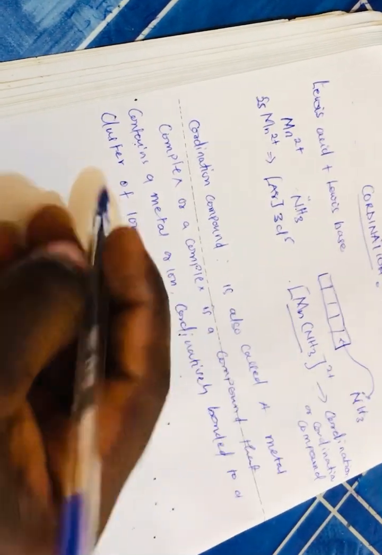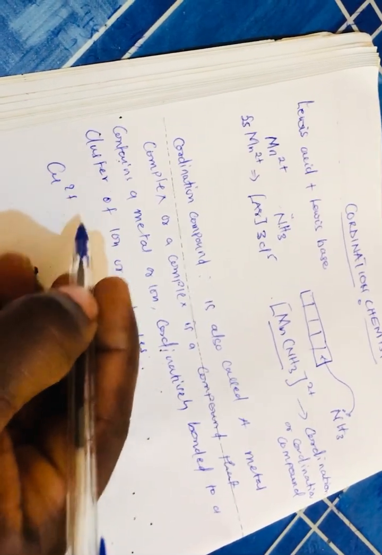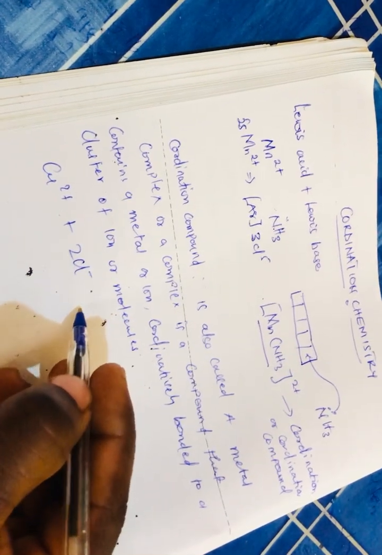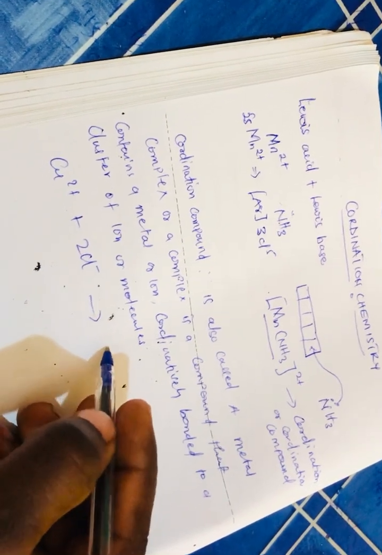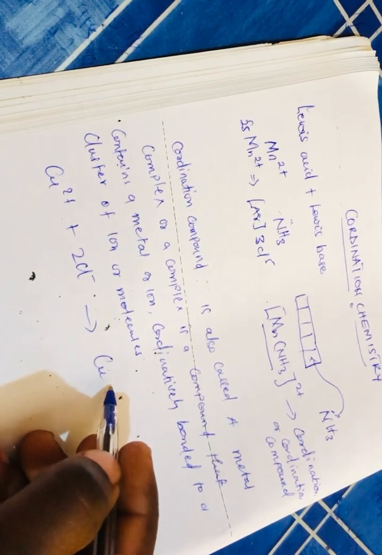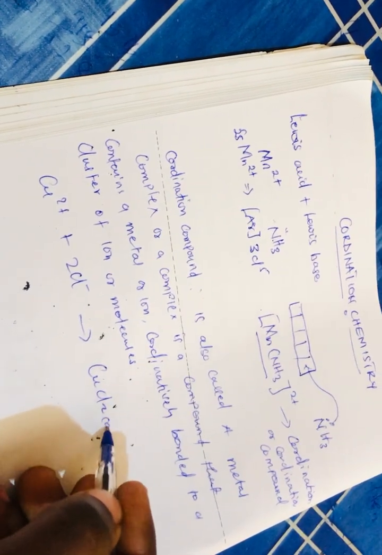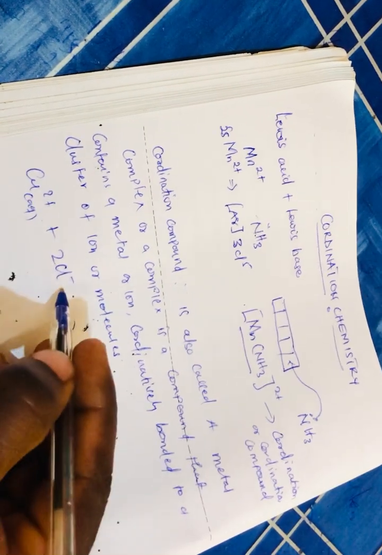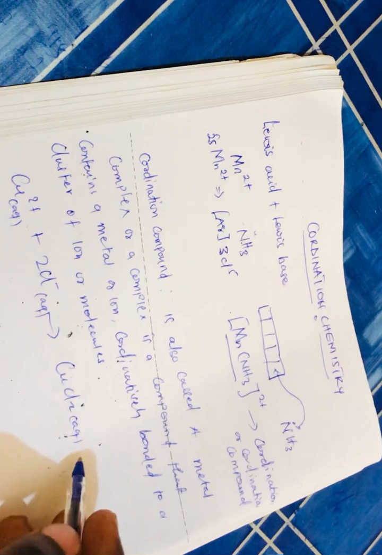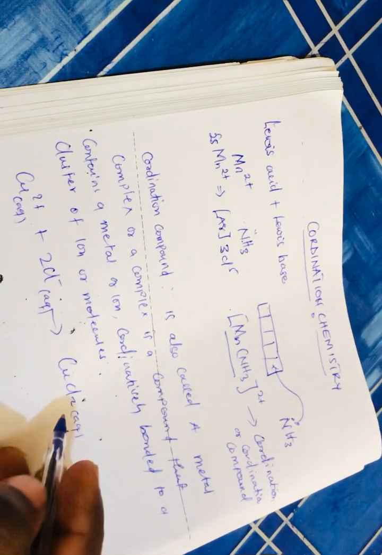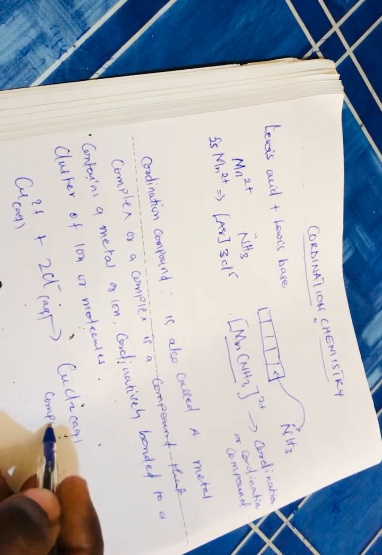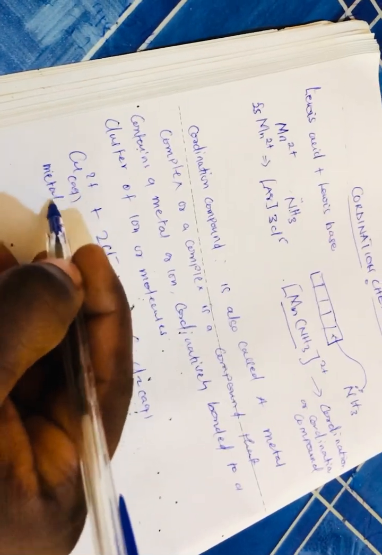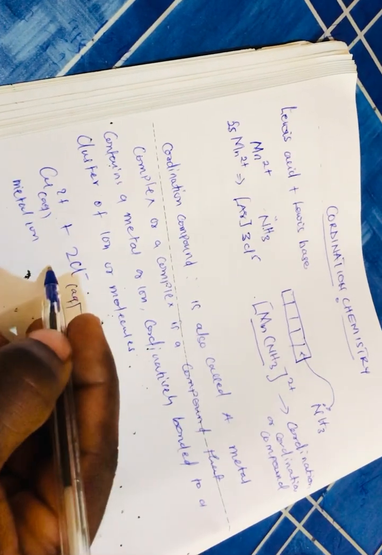So let me say here Cu2+ and chloride, this will give you CuCl2, aqueous. This is a complex. This is the metal ion. This is the base.